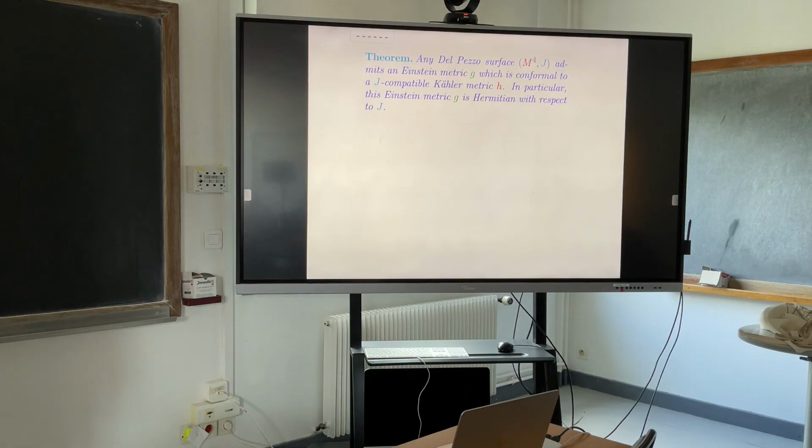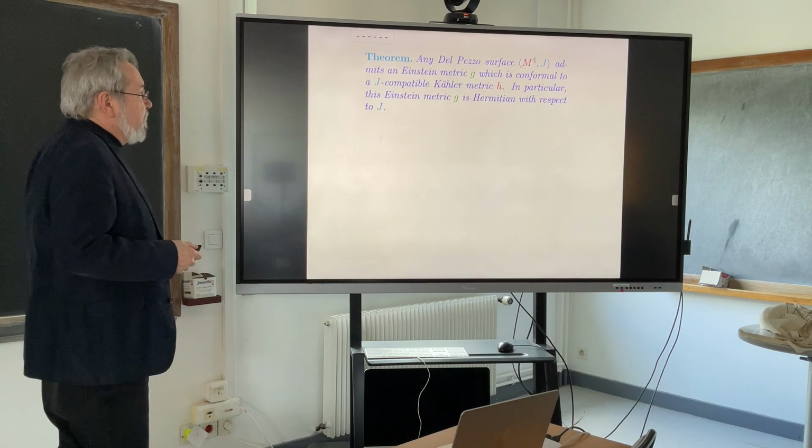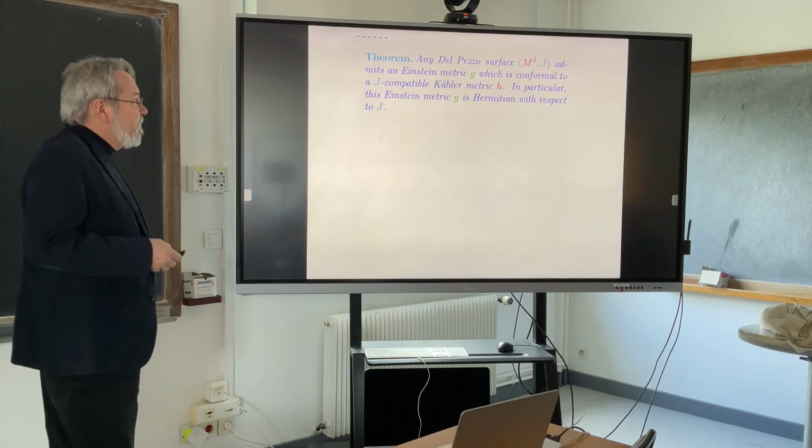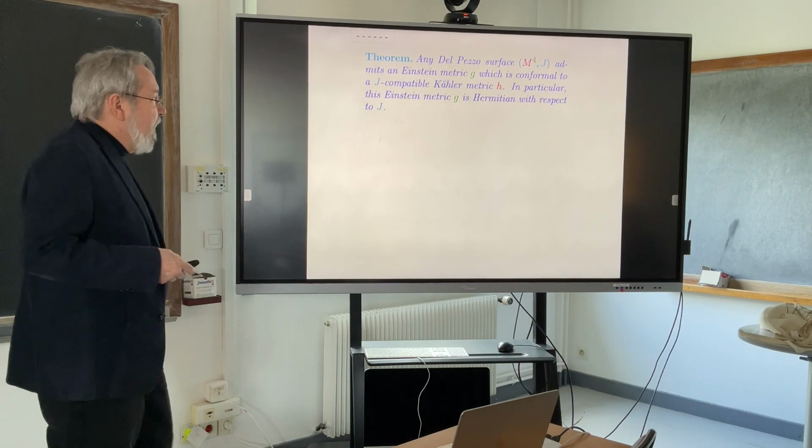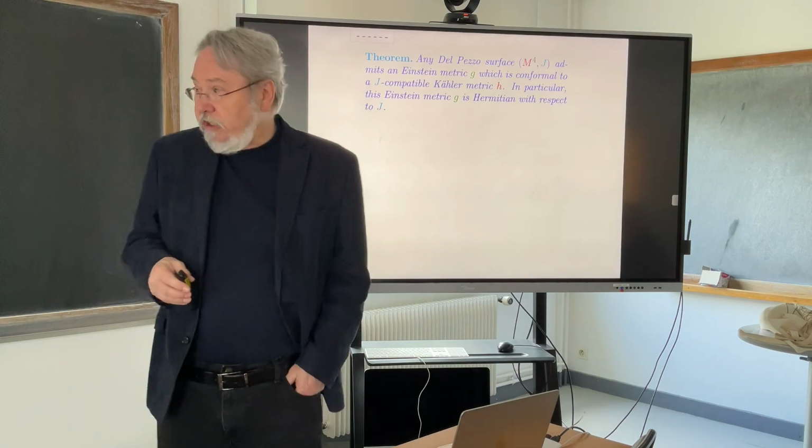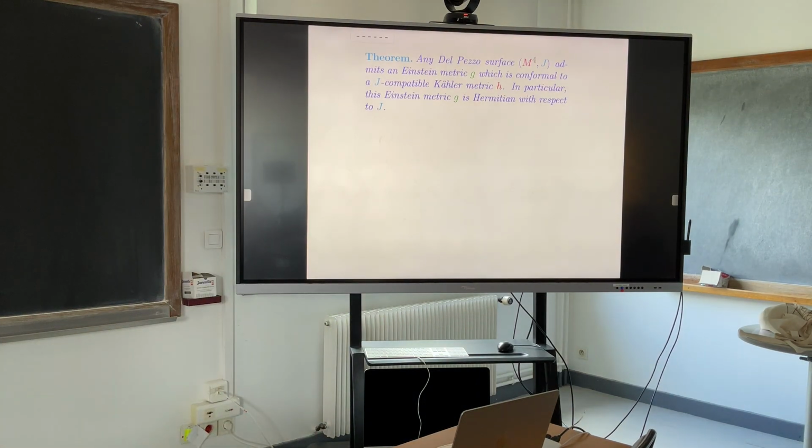Okay, so the underlying theorem about where this comes from is that any del Pezzo surface admits an Einstein metric which is conformal to a J-compatible Kähler metric H. When I say conformal, to say that G is conformal to H, where these are two metrics, is to say that we could write G as some function, which I'll write as U squared, times H. Of course, if you're just multiplying by a constant, that doesn't change the connection.